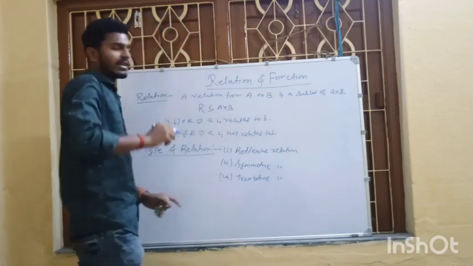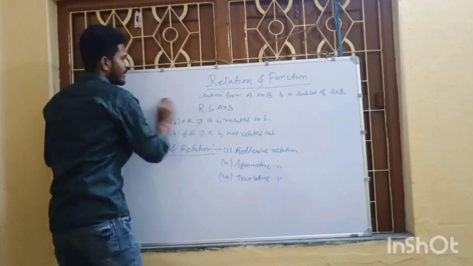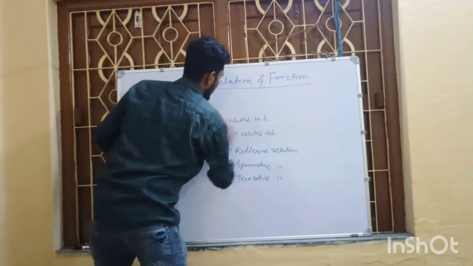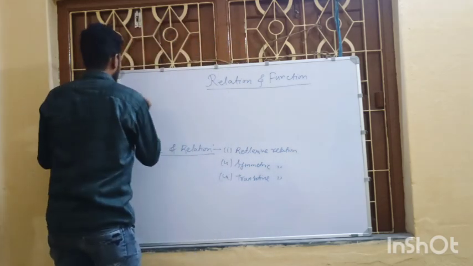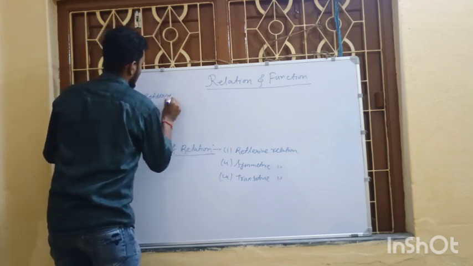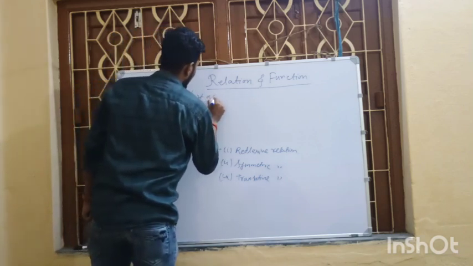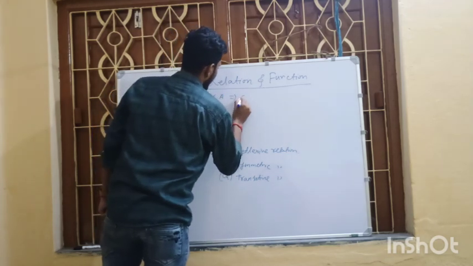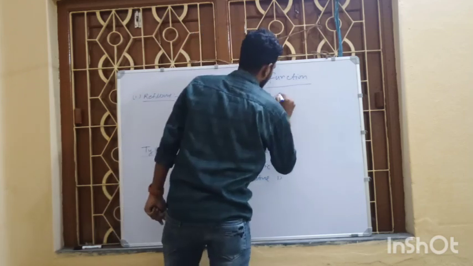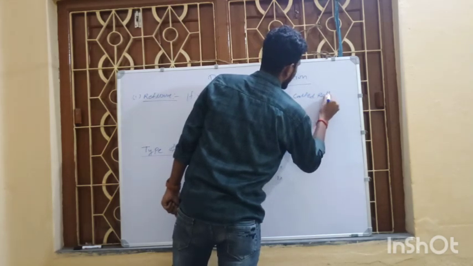Okay. So first of all, reflexive relation. What is reflexive relation? If for all a belongs to capital A, this implies (a, a), this ordered pair belongs to R, then R is called reflexive relation.